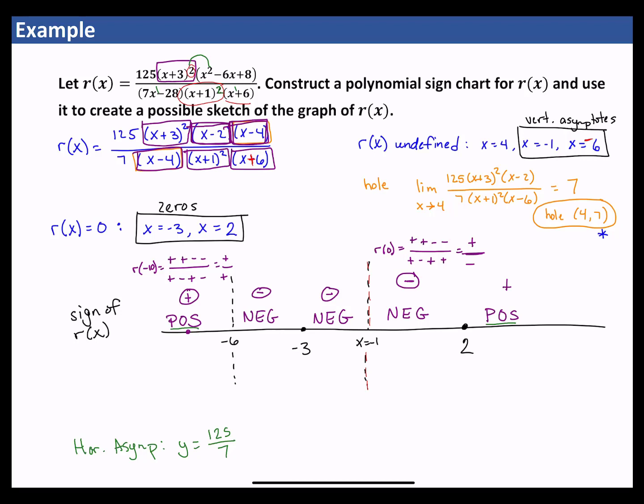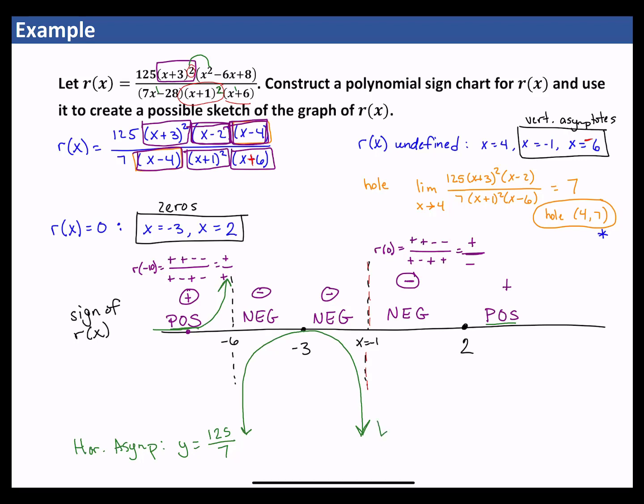And so we would get something maybe like this. There was a vertical asymptote, the function was positive. We had a vertical asymptote at -6. The graph comes up, touches the x-axis at -3, bounces off, and approaches negative infinity as x gets closer to -1.